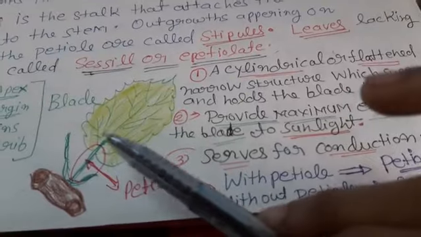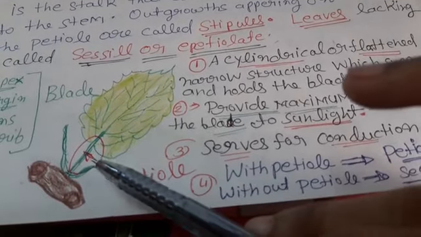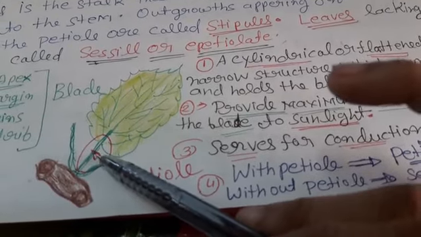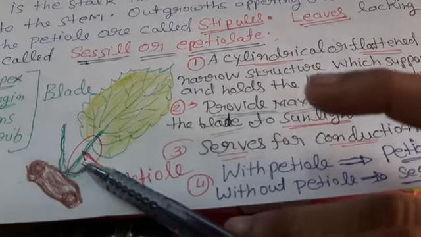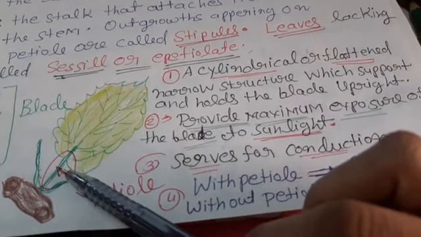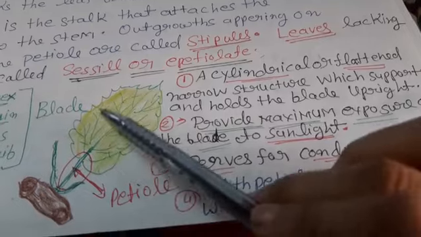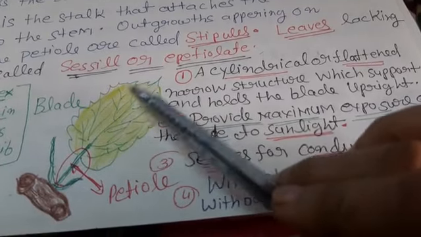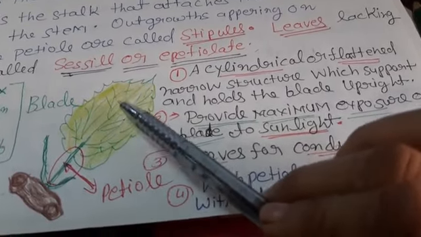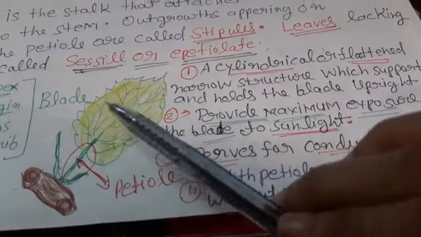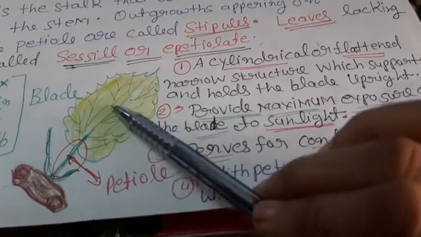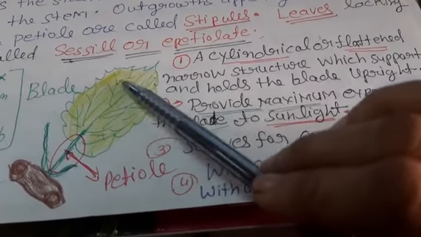This diagram shows the petiole. Clearly you can see it is a cylindrical, narrow and flattened structure that supports the blade and holds it upright. The petiole holds the blade, or lamina, which is the flattened green part.